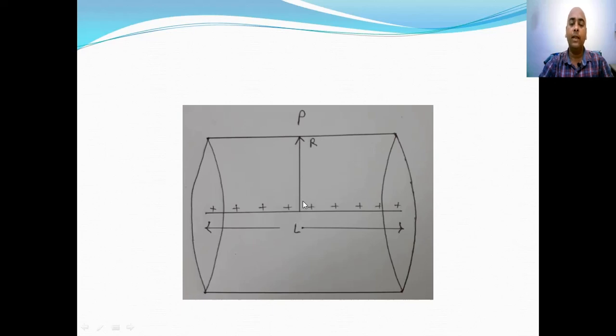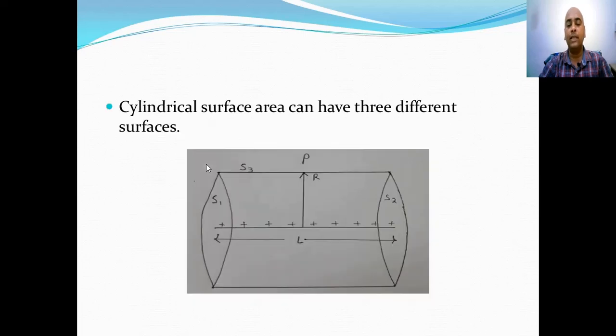In order to account for the total electrical field radiated by the line, we need to consider three surfaces, and these surfaces are S1, S2 and S3. The cross-sectional areas of S1 and S2 are the same, and the total area of S3 is 2 pi capital R into L.